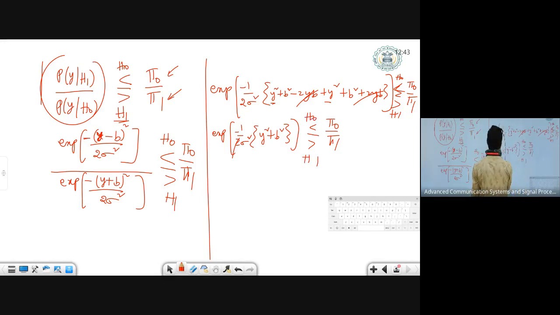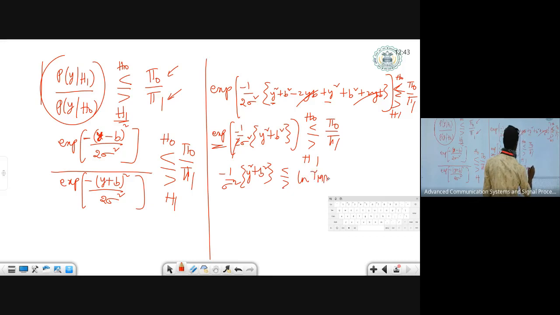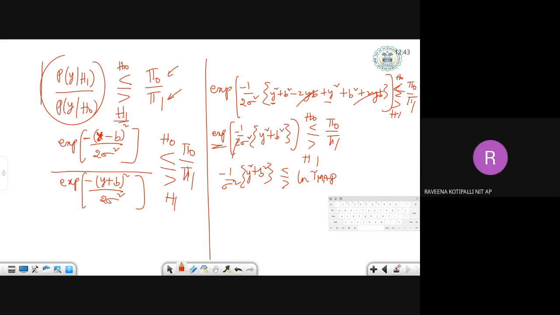If I apply natural logarithm here, minus 1 by sigma square, y square plus b square, less than natural logarithm of tau map. The sigma, that side I'll try.